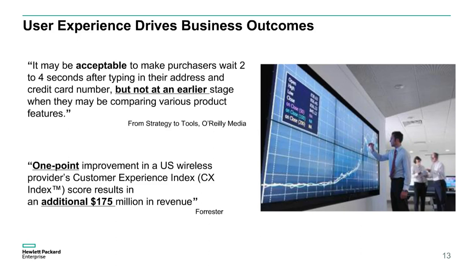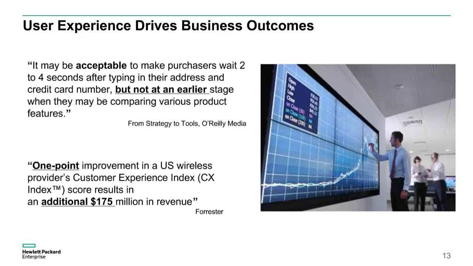Here I'm bringing two examples, one of them coming from O'Reilly and the other one coming from Forrester. I found these examples very interesting because the first one is talking about the difference between the user expectation while comparing various products.